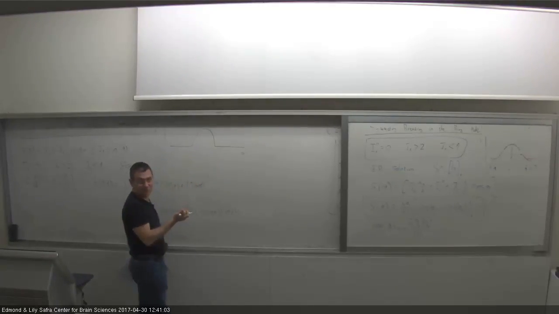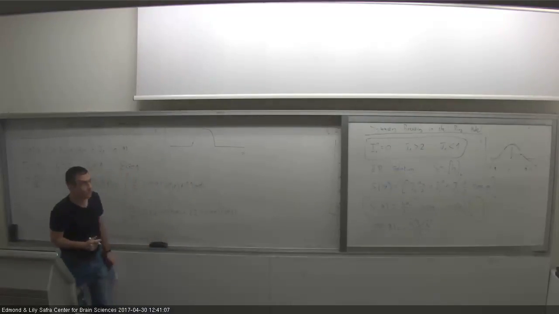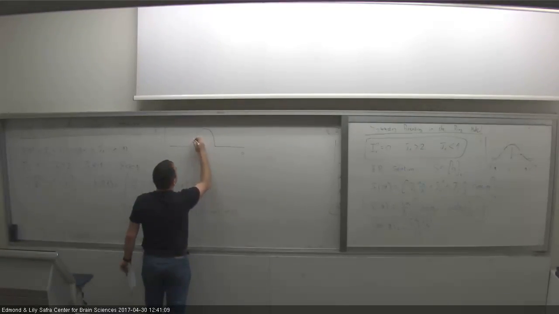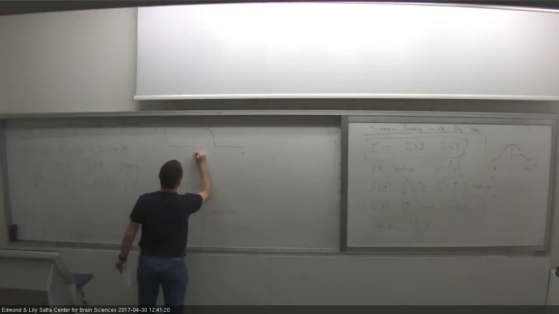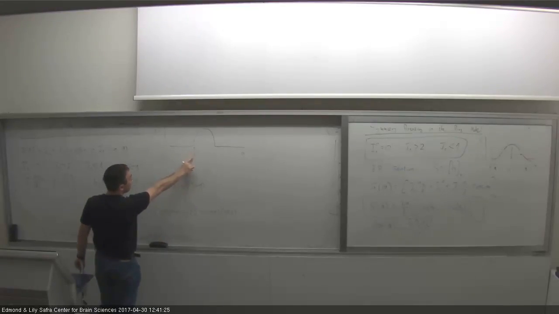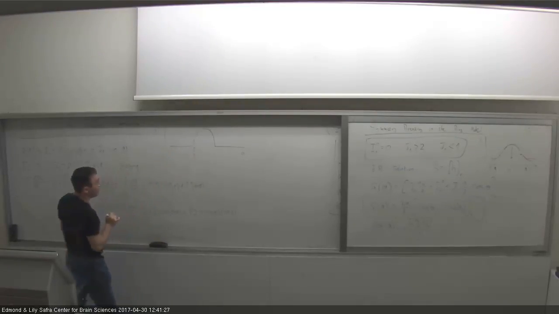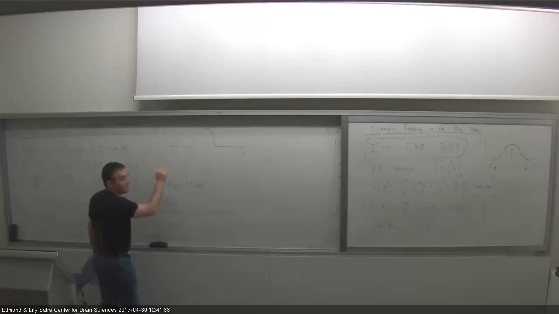So let's choose a random neuron. Let's consider the neuron that is here, whose activity has this value. So this one is theta. What will be the contribution of this term to the activity of this particular neuron?